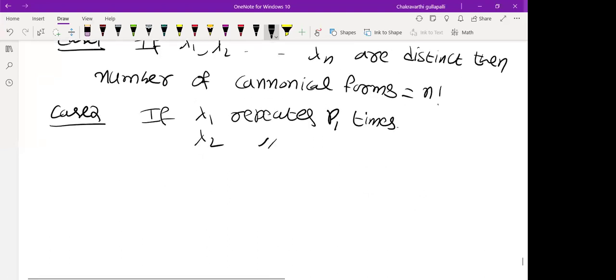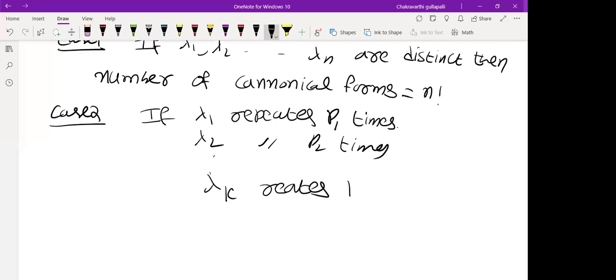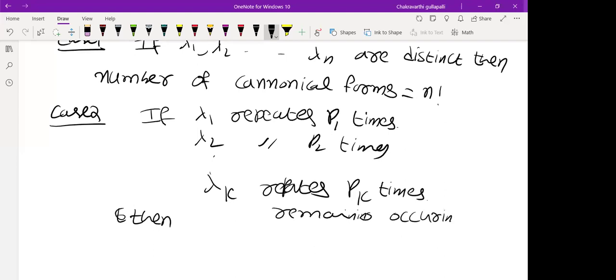Lambda 2 repeats P2 times. Suppose lambda k, not all are repeating. If they are not repeating, write only one factor. Those which are repeating, you count them. Then the remaining are non-repeating.